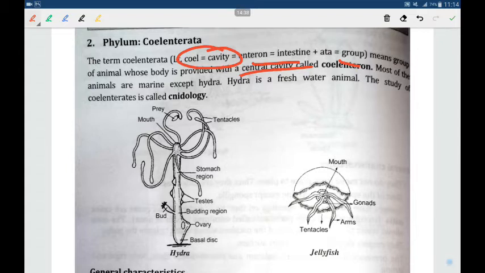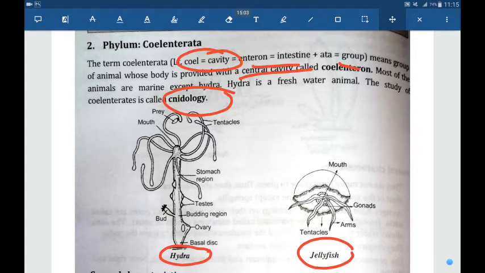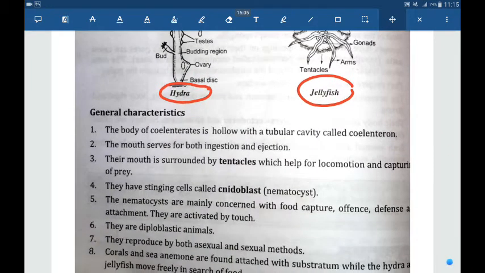Okay students, here is given cnidology. What is cnidology? The study of Coelenterata is called cnidology. Hydra and jellyfish are the examples of Coelenterata.